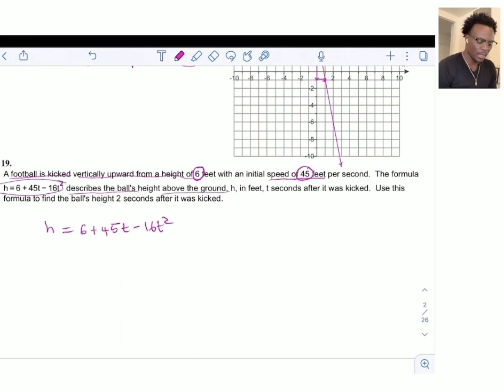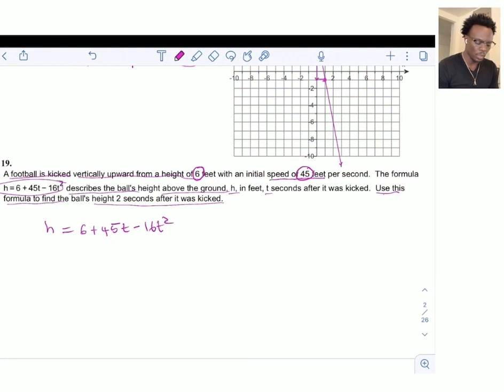H is the height in feet. T is the number of seconds in the air after being kicked. Now they say use this formula to find the height of the ball after 2 seconds.